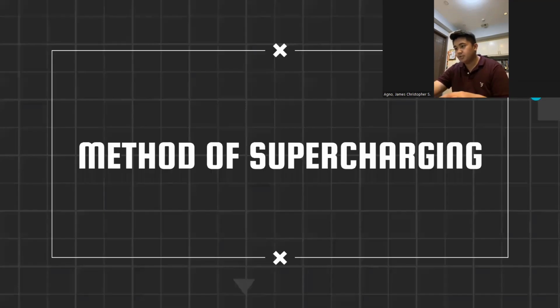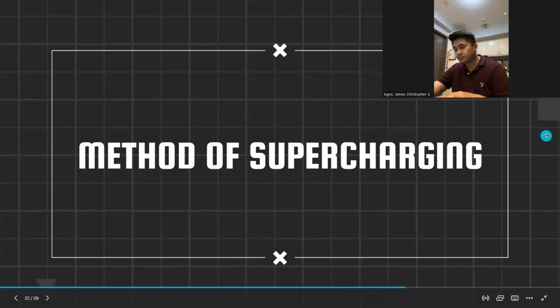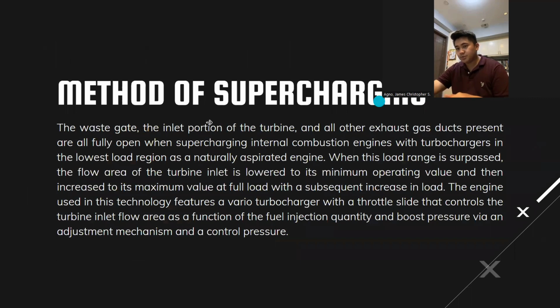Now let's proceed. What are the methods of supercharging? The wastegate, the inlet portion of the turbine, and all other exhaust gas ducts present are fully open when supercharging internal combustion engines with turbochargers in the lowest load region, as in a naturally aspirated engine.